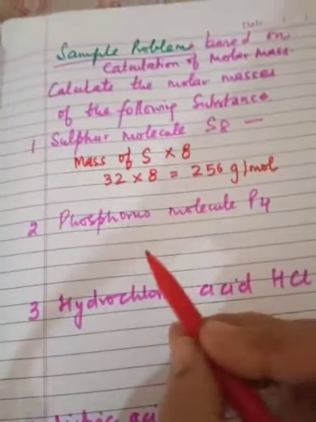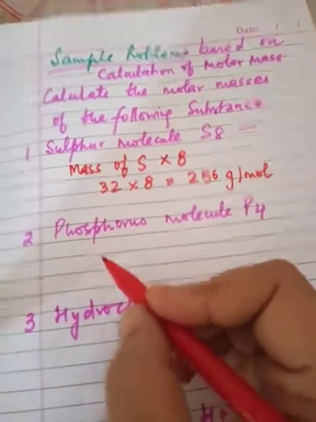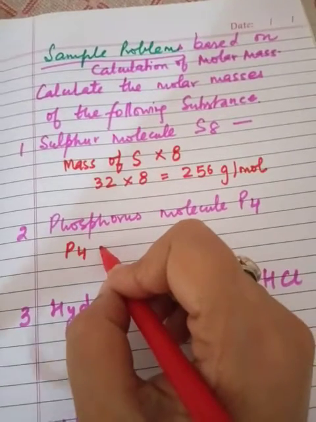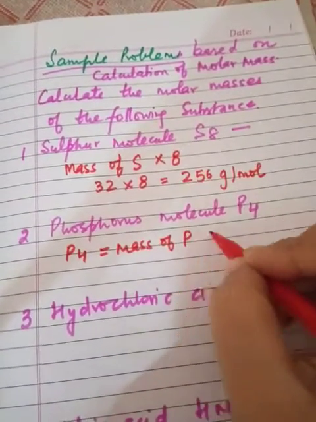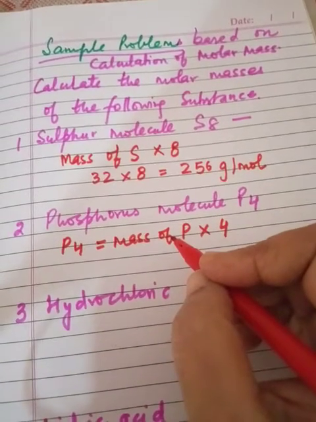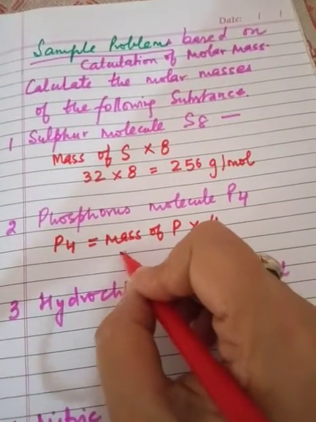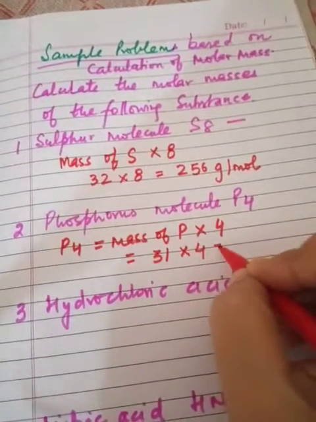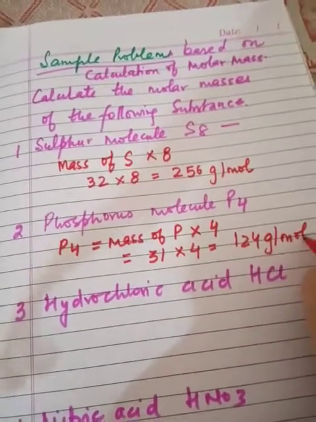Now the second one is the phosphorus molecule, P4. That is the mass of phosphorus, P into 4. The mass of phosphorus is 31 into 4, which is 124 gram per mole.